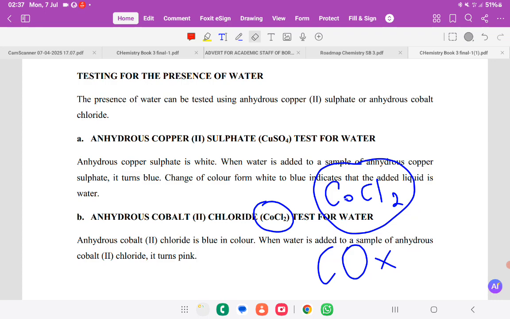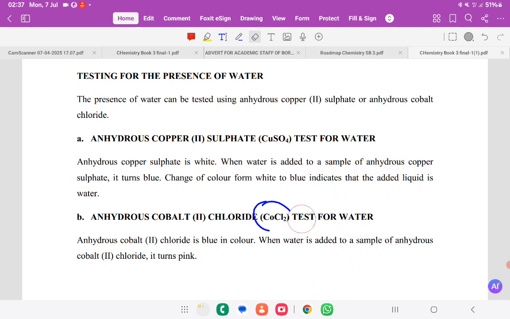The test results for cobalt chloride and that of copper sulfate are different. Initially, before water is added to anhydrous cobalt chloride, the color is blue.